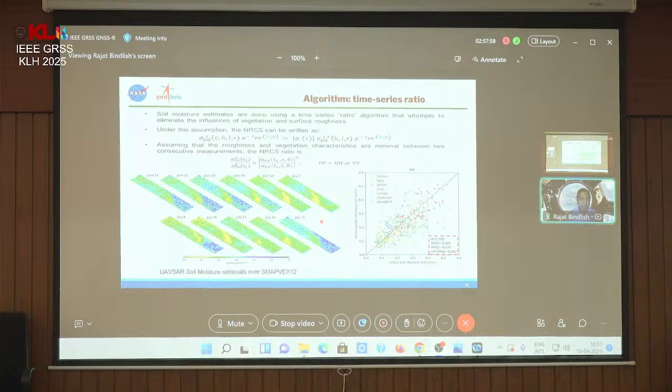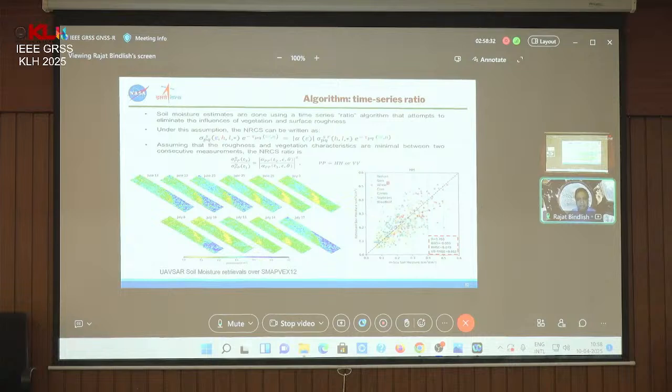And then those backscatter observations were fed into a time series algorithm and soil moisture was estimated using that algorithm. And then it was compared to in situ observations, which are also available on the SMAPVEX site at NSIDC, the National Snow and Ice Data Center, which is the location for all SMAP validation experiments.